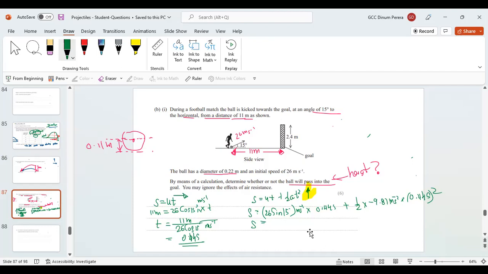Okay, find and tell me the displacement. 2.01 meters. Right. 2.01 meters is the vertical displacement. The top end of the goal is 2.4 meters above the ground.